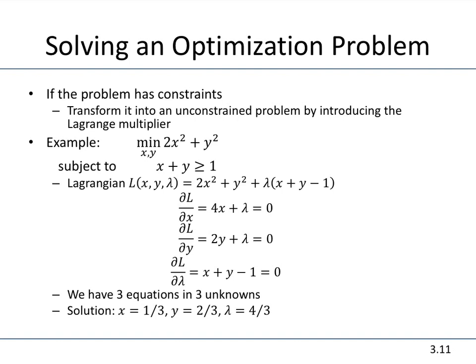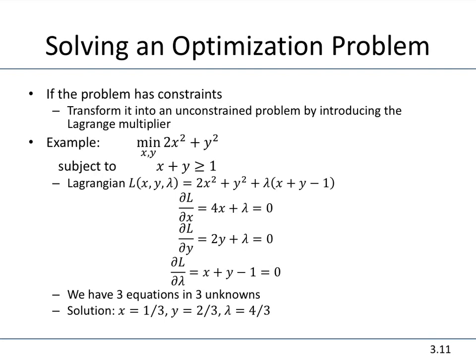So we know if we have an optimal problem with no constraints and the problem is convex, then we use the normal derivative to get the solution, which is what we did in the previous example. Here, this problem is constrained optimization.